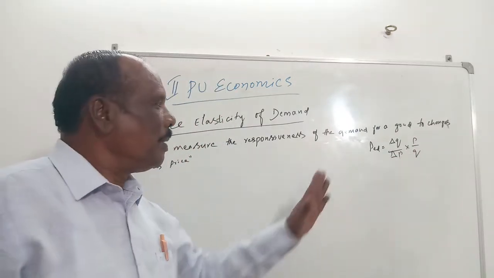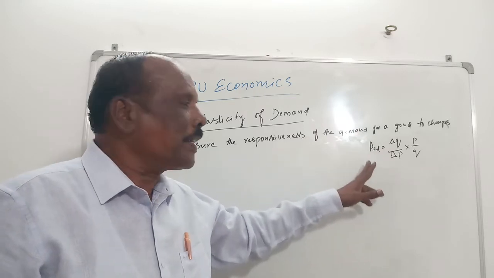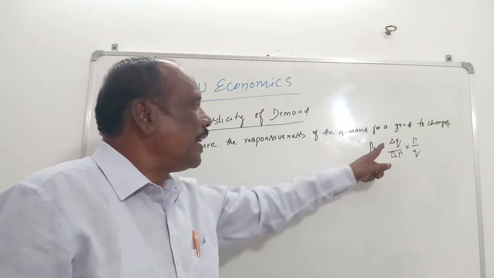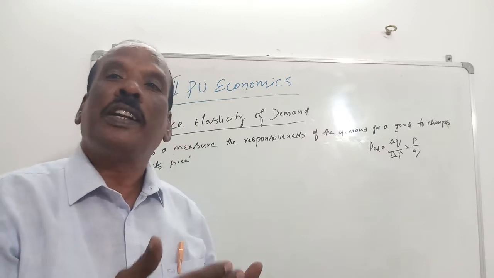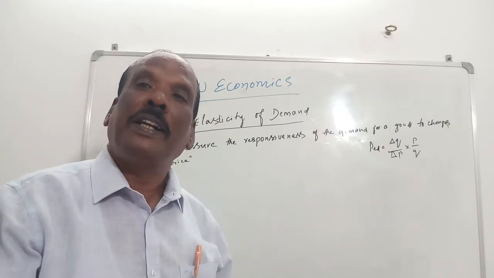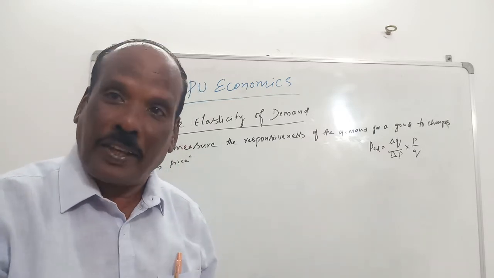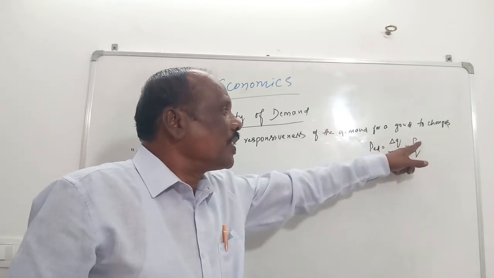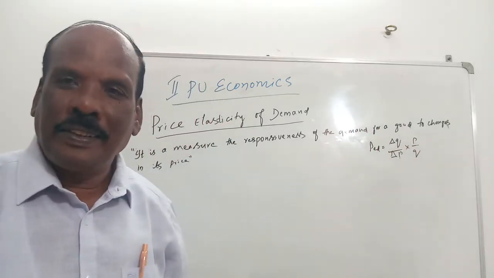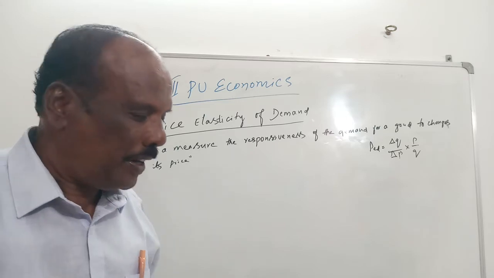Please understand: PED is equal to delta Q, the change in quantity demanded, divided by delta P, the change in price, into the initial price divided by the initial quantity demanded.